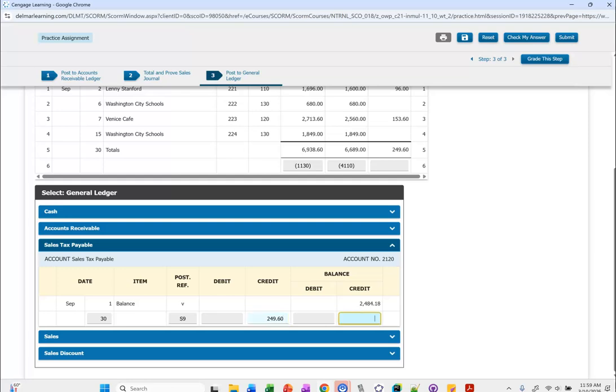And I add that to get $2,733.78. And my last step then is to record the account number for our post reference.